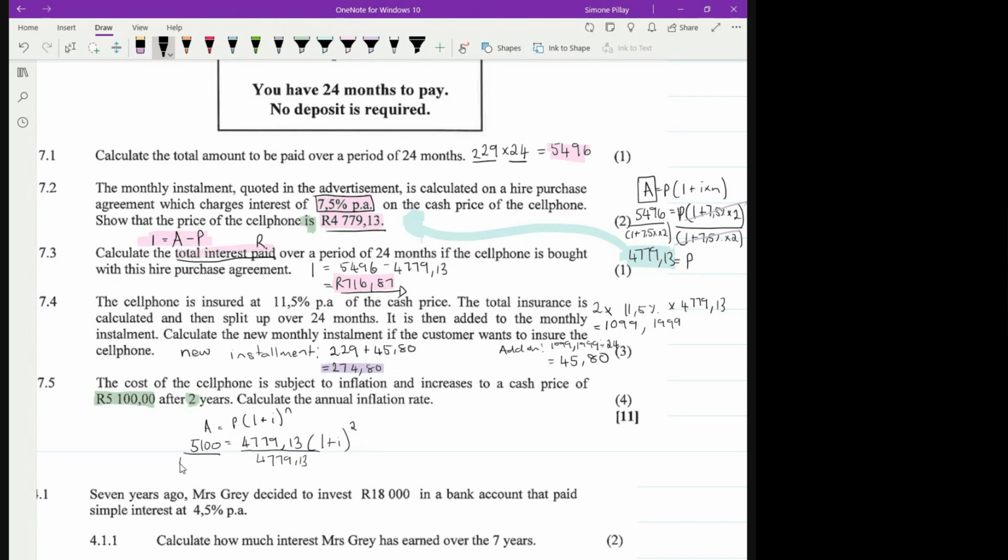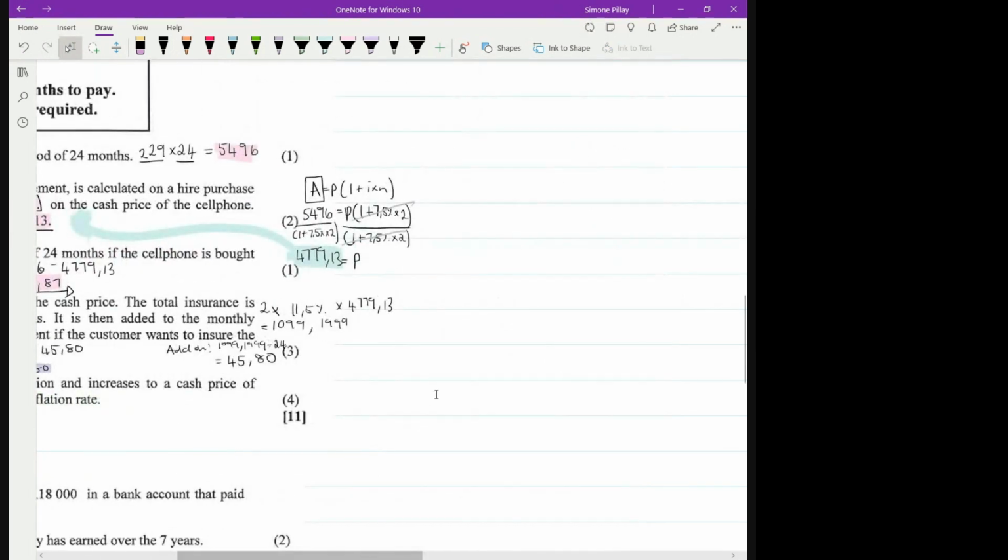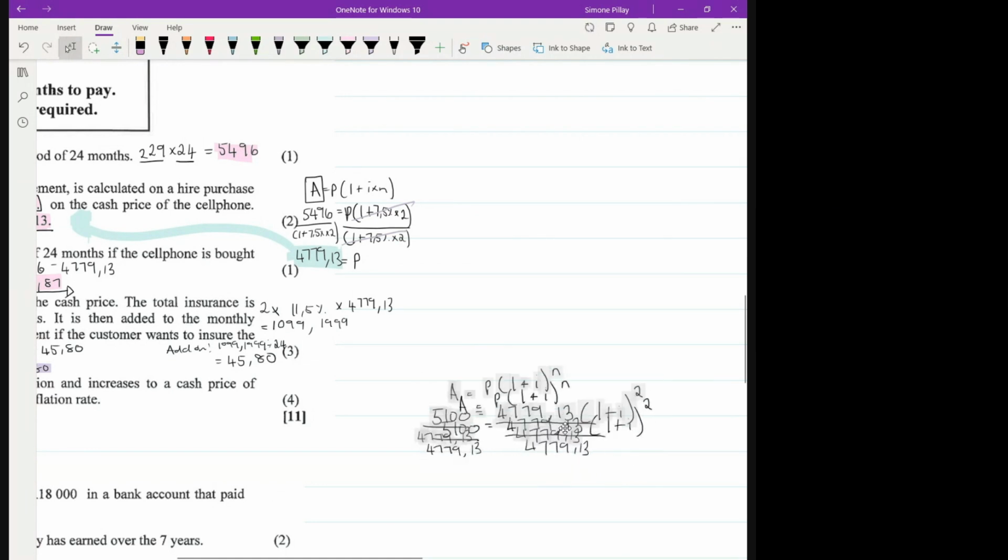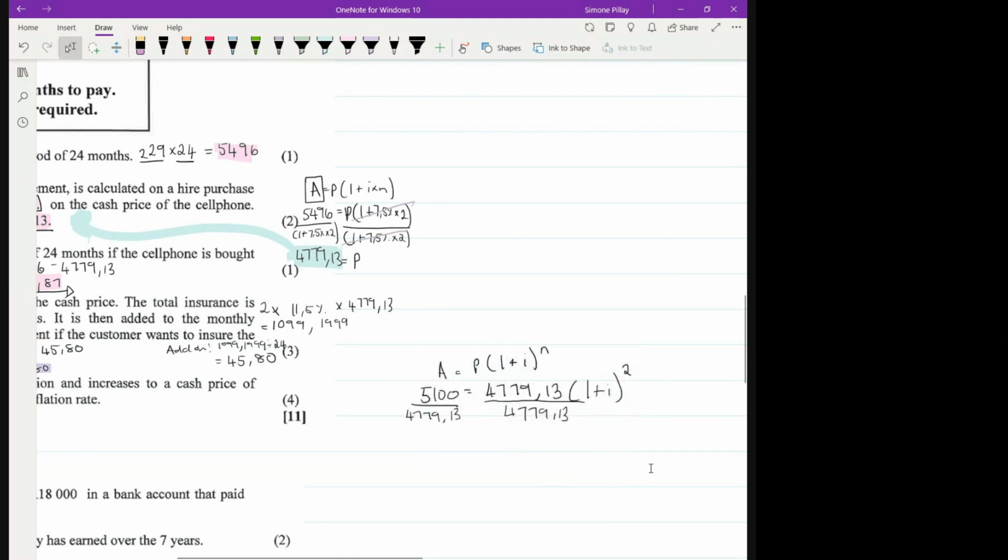So divide by 4779,13. The next thing I see, I need more space to do this one. Okay, so I'm going to divide by that.